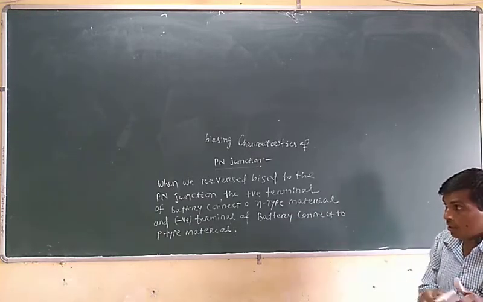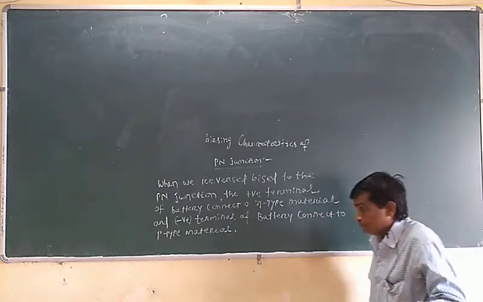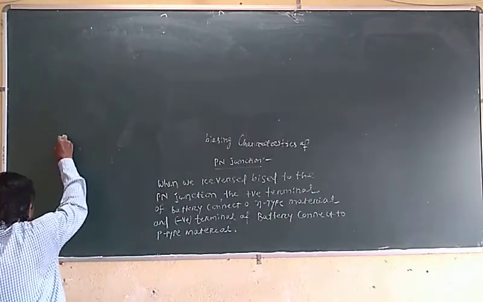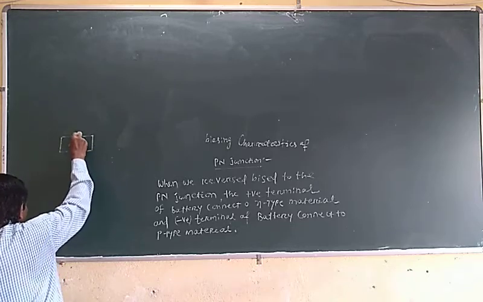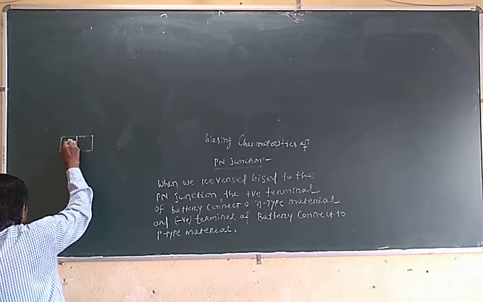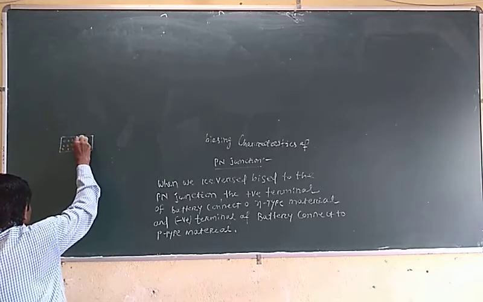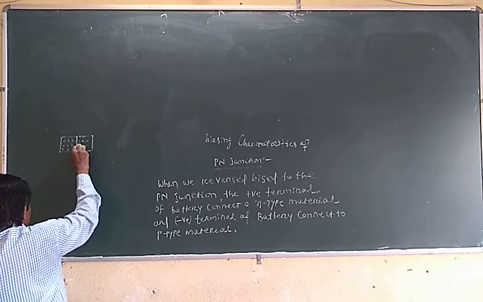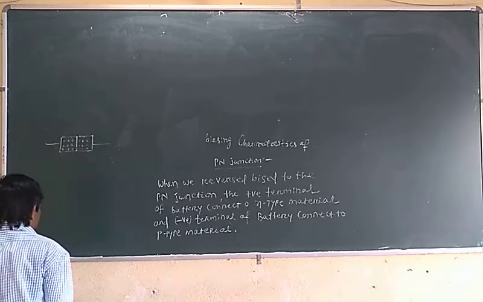Now we discuss it by its diagram, then we draw a PN junction diode. This is the P material where holes are the majority charge carrier, and the electrons in N material are the majority charge carrier of N material.